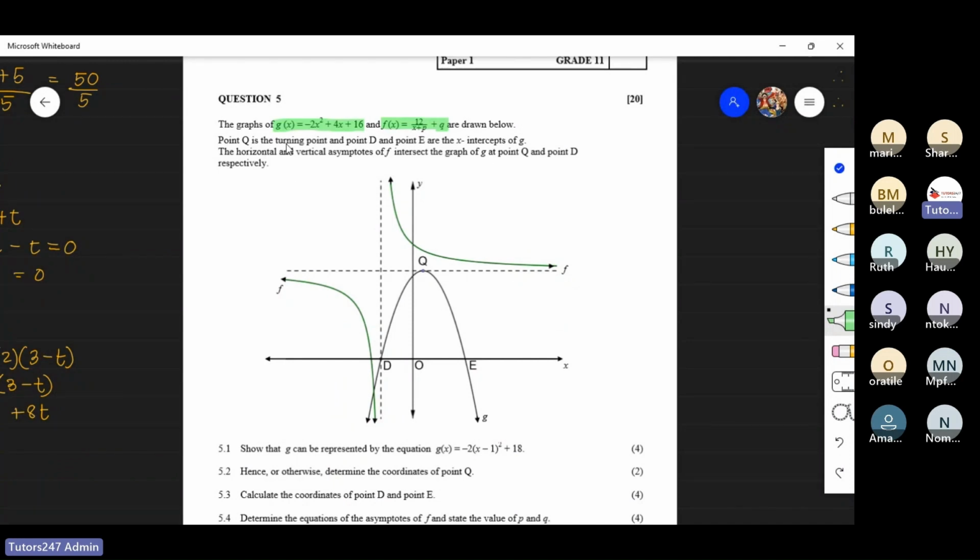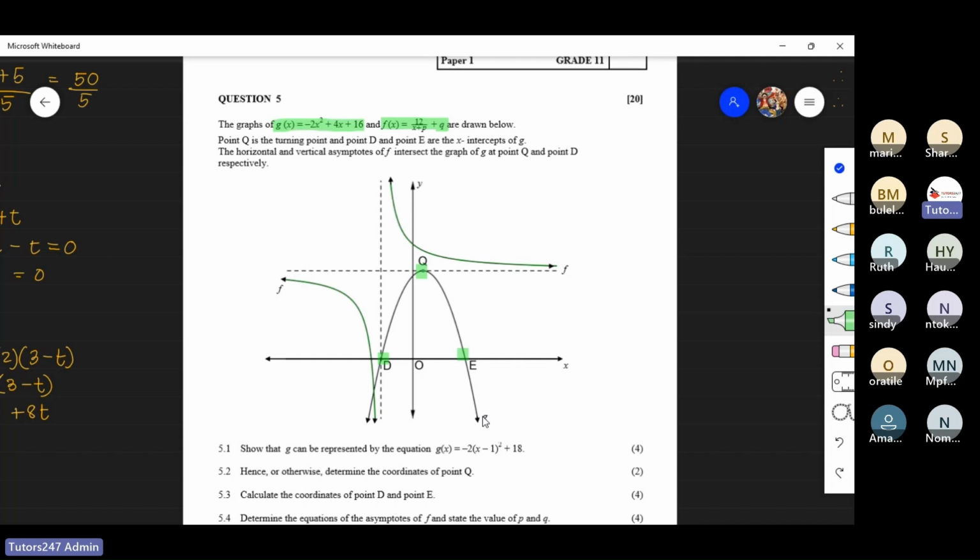The point Q is the turning point, and points D and E are the x-intercepts. So point Q is the turning point of the parabolic function, and D and E are the x-intercepts of that parabolic function. If you notice, there are some dotted lines that cut through point Q and point D.